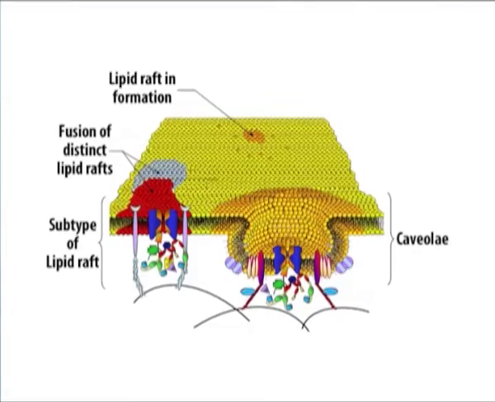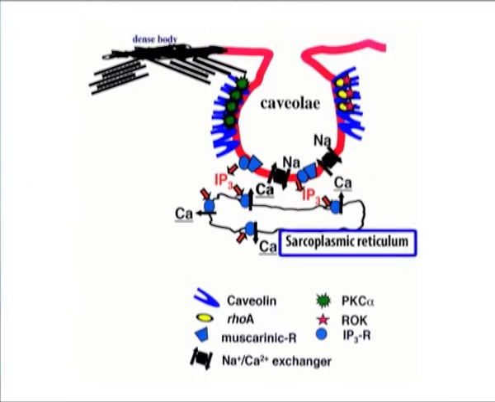When complexes of actin and myosin contract, force is transduced to the sarcolemma through intermediate filaments attached to the dense bands. Caveolae are microdomains of lipid rafts that are specialized for cell signaling events and ion channels. They are close to sarcoplasmic reticulum or mitochondria and organize signaling molecules in the membrane.